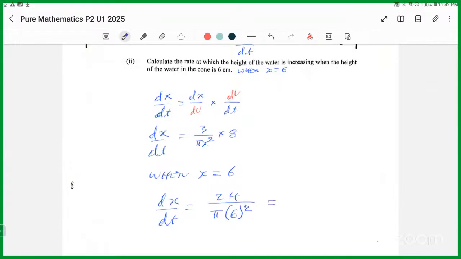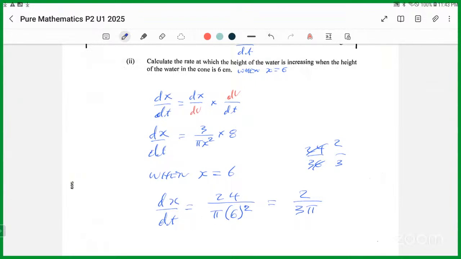Which becomes what? 6 squared is 36. So we have 24 over 36. We can divide that by 12, it becomes 2/3. So it becomes 2 over 3 times this pi under here.